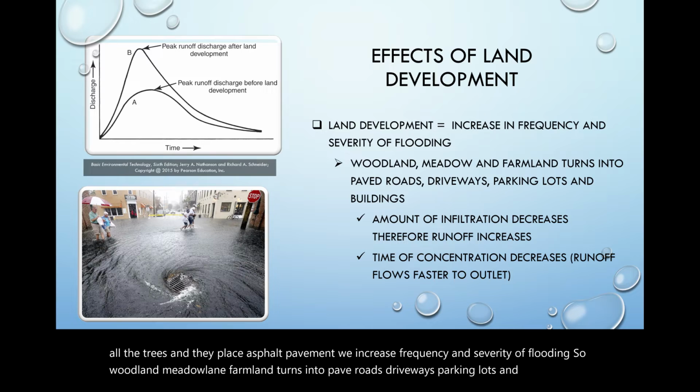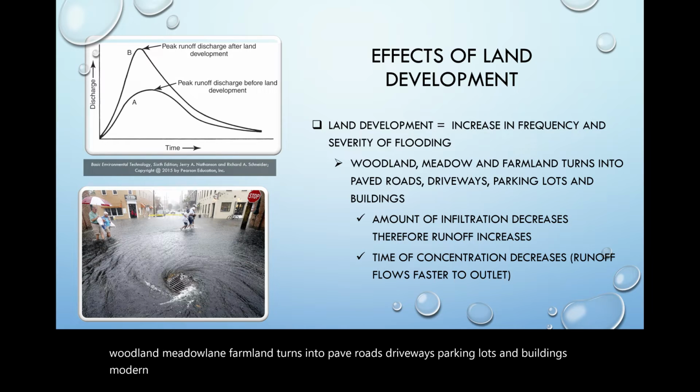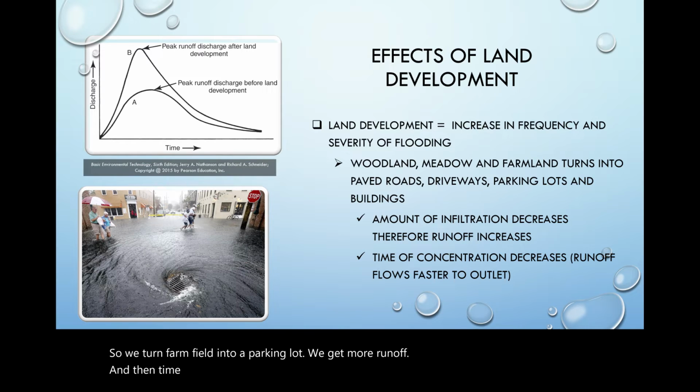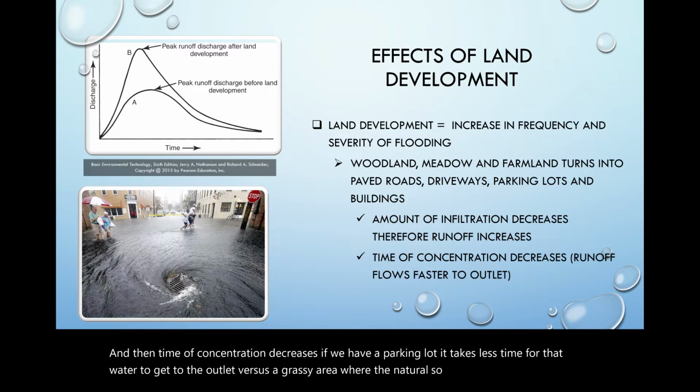The amount of infiltration decreases, therefore runoff increases. So when we turn a farm field into a parking lot, we get more runoff. And then time of concentration decreases. If we have a parking lot, it takes less time for that water to get to the outlet versus a grassy area where the natural soil can absorb it. Okay.